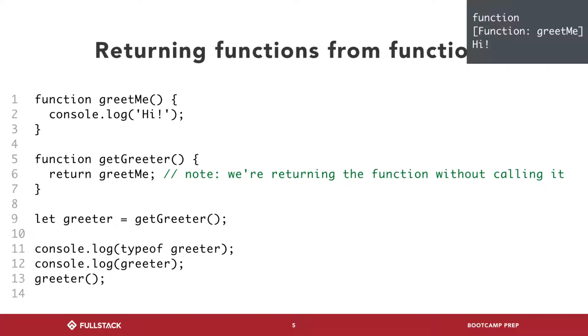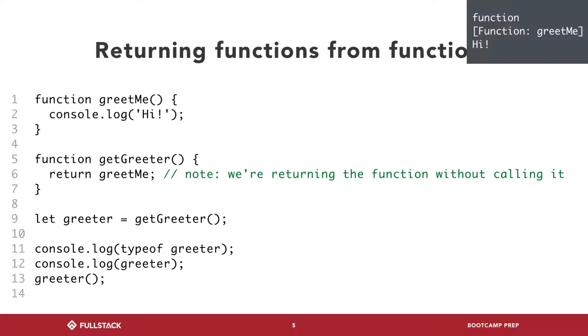And then lastly, on line 13 here, this is the first time we actually invoke greeter. Well, if greeter is equal to greetMe, and greetMe is equal to this function here, line 13 is the first and only time on this page where we actually invoke the greetMe function. And so that is why hi from line 2 gets printed out here.